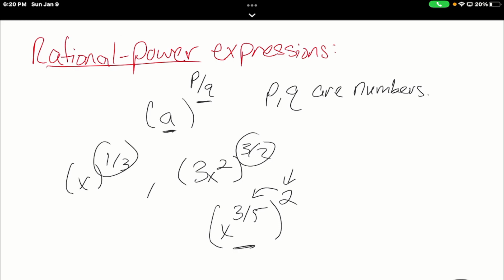So I ask you to translate between a radical expression and a rational power expression. This is the form that you use for a rational power expression. In the next video, I am going to actually get into translating between the two different types of expressions.